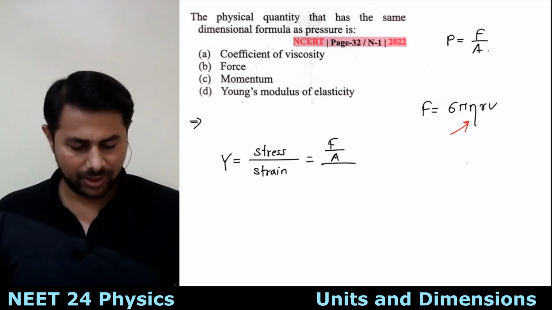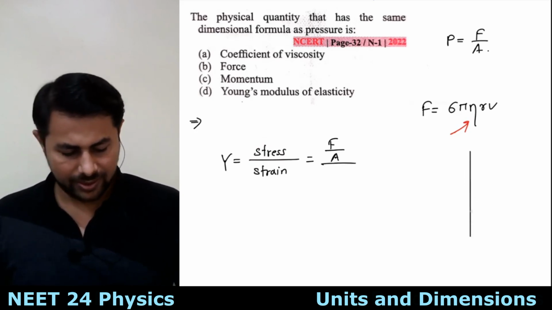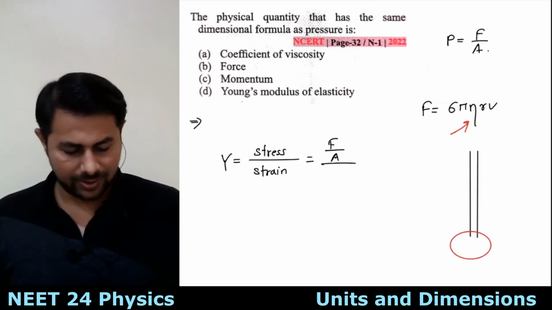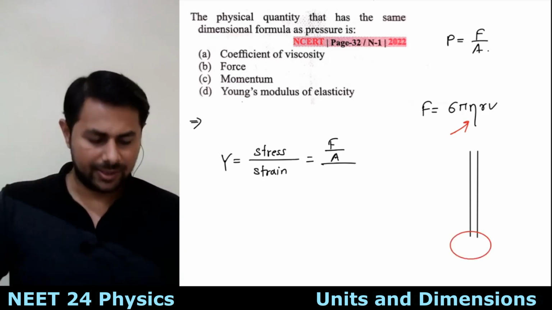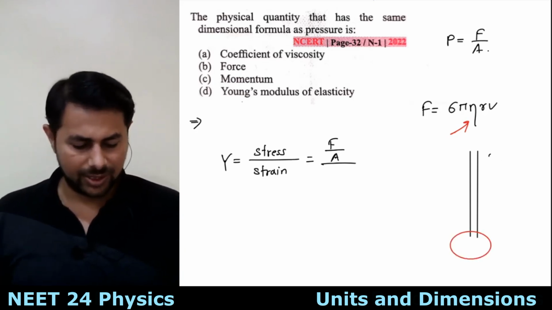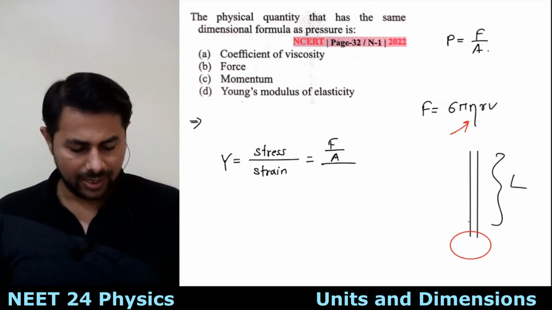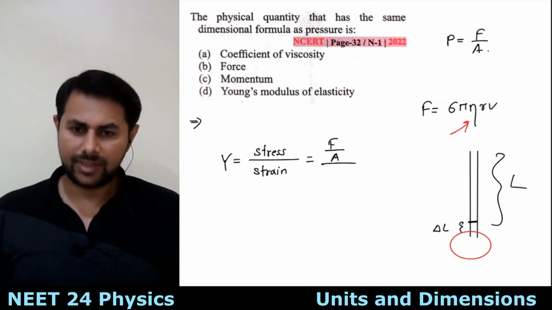Suppose you have a wire like this, and you hang some mass. What will happen? Its length will increase. So suppose L is the original length, and the increment is delta L. Strain has no unit.